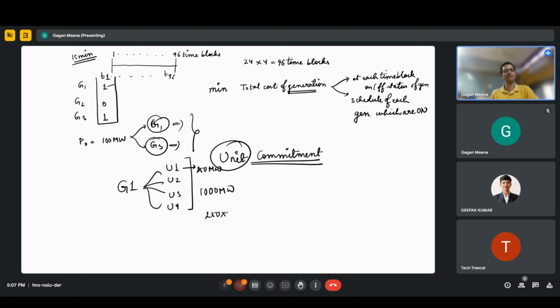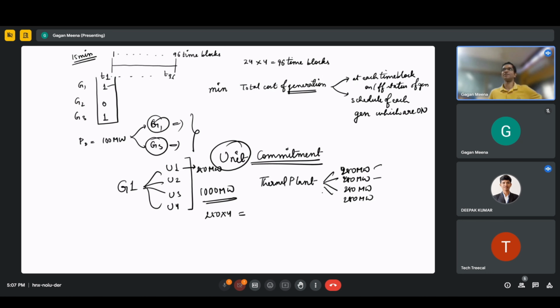So 250 into 4. Unit is nothing but a generator. So there is one power plant, one thermal plant, and in one plant there are four such units of 250 megawatt each. Together they will produce 1000 if they operate at their maximum point.